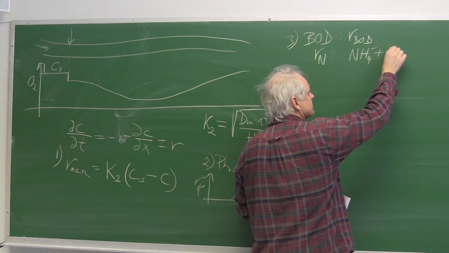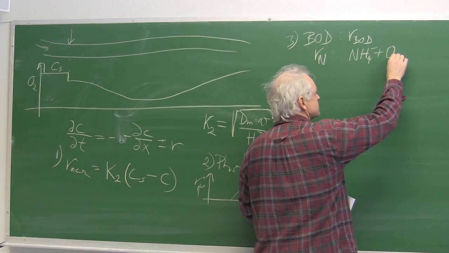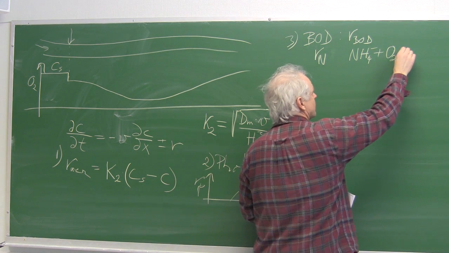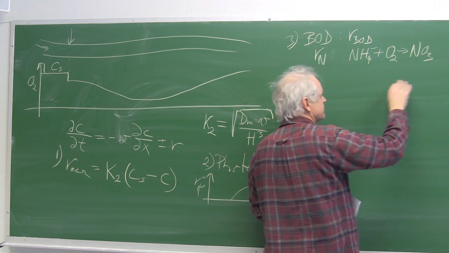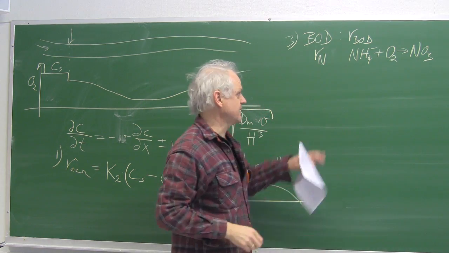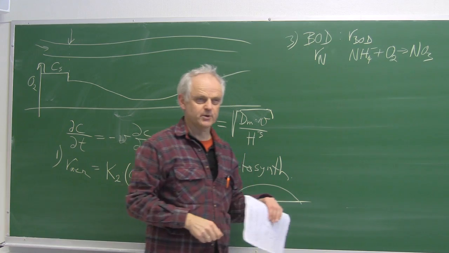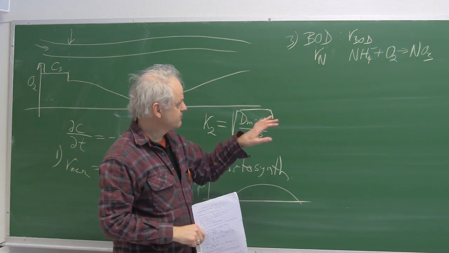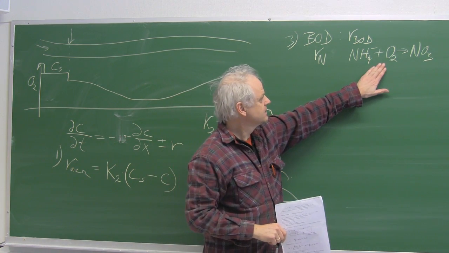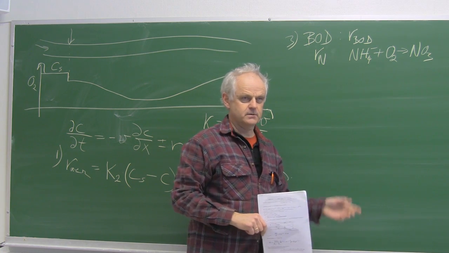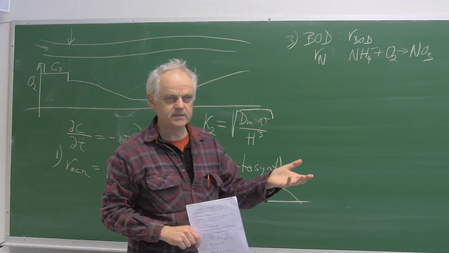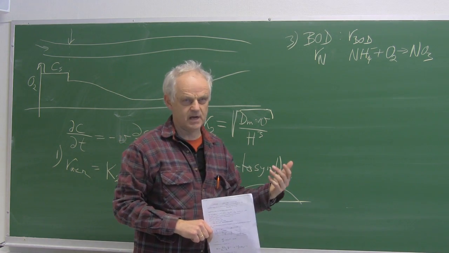And if you have microorganisms consuming ammonia, they will also consume oxygen to make NO3. To keep it very simple, we'll have more details on this next week when we talk about nitrification. But roughly speaking, that's the BOD demand related to nitrogen. So in some cases we need to account for that, in other cases not.